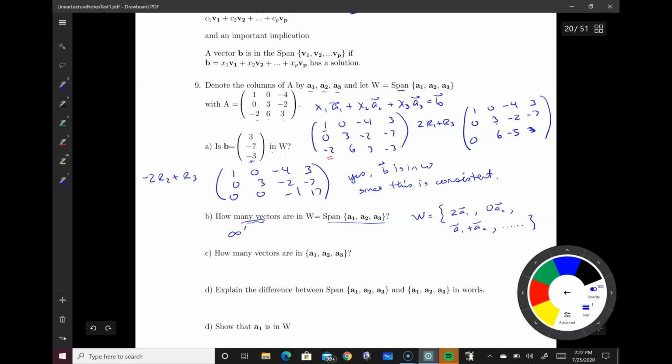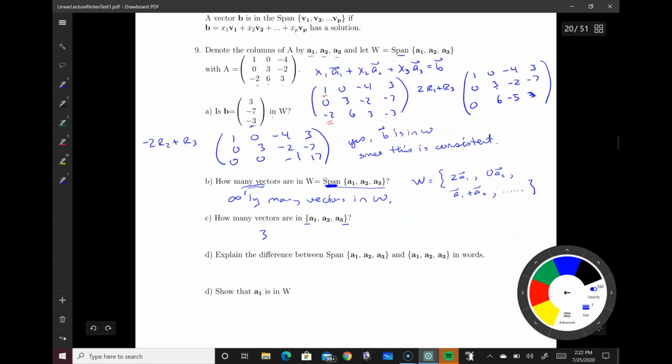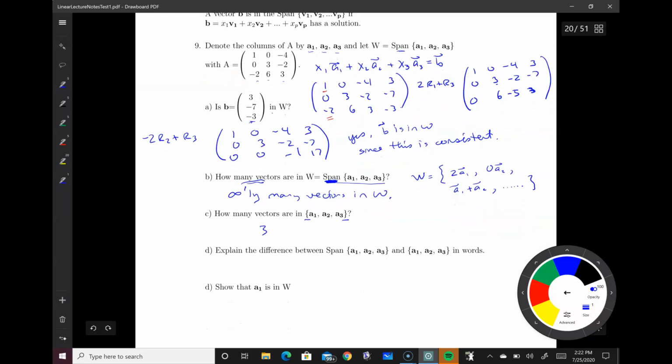So there are infinitely many vectors in W. How about this question? How many vectors are in the set that has these vectors in it? There are only 3. So this word span is huge. That's what's telling us to take linear combinations.